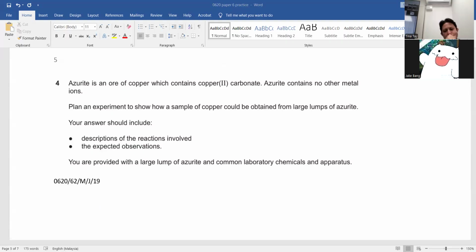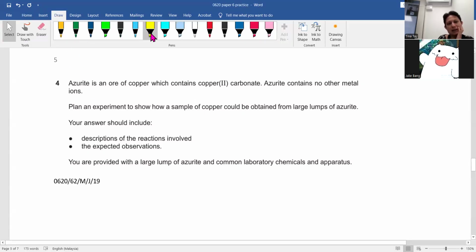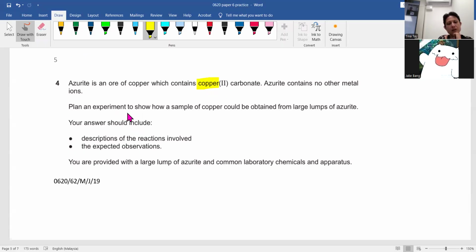Azurite is a copper ore that contains copper carbonate. Azurite contains no other metal. So it has copper. Plan an experiment to show how a sample of copper can be obtained from large lumps.